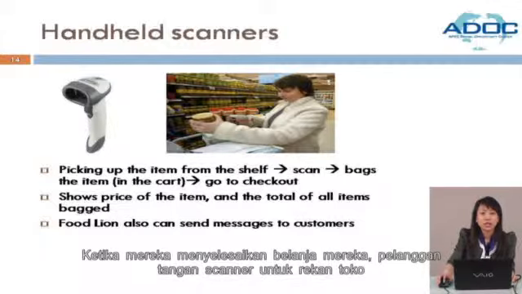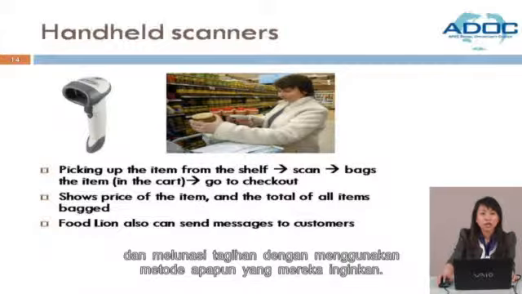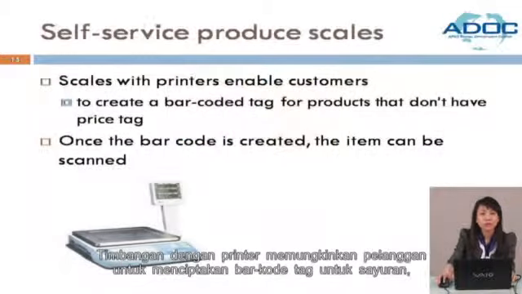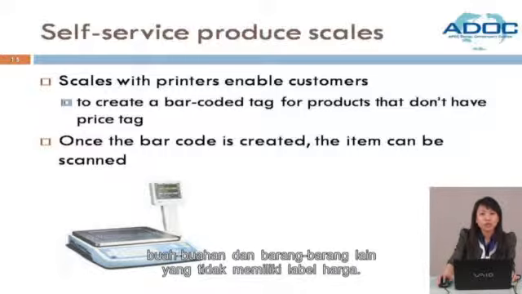When they complete their shopping, customers hand the scanner to a store associate and settle the bill using whatever method they prefer. Scales with printers enable customers to create a barcode tag for vegetables, fruits, and other items that don't have a price tag.